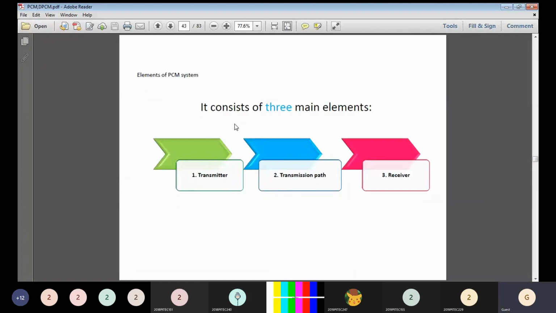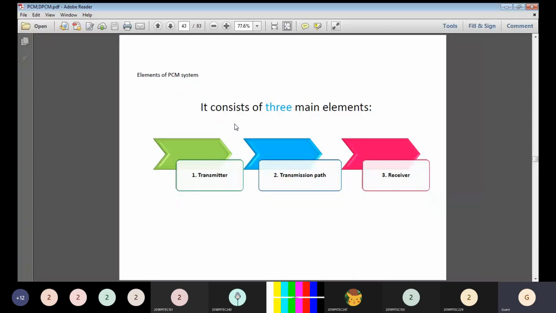Then in this pulse code modulation, we have three important blocks: the transmitter, transmission path, and the receiver. The function of the transmitter is simply to transmit our information, and that information is conveyed to the transmission path.